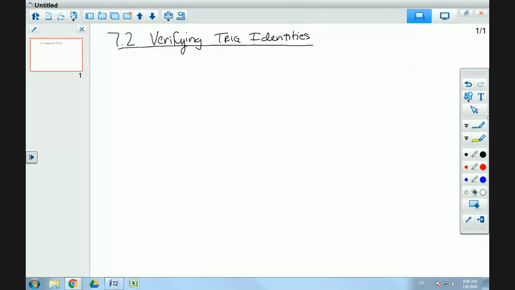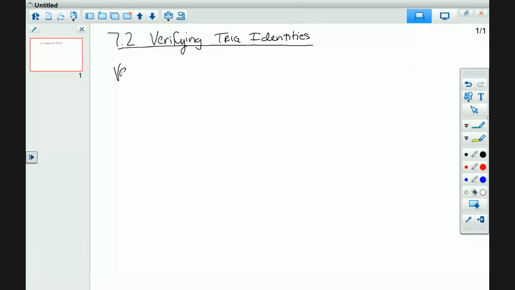We'll start here. So basically what we're giving you, instead of just saying, this is what I gave you the other day and I asked you to simplify it, well, now I'm giving you the answer.